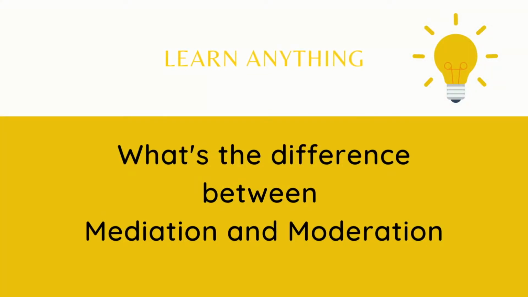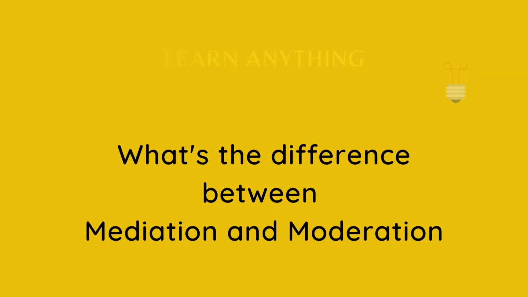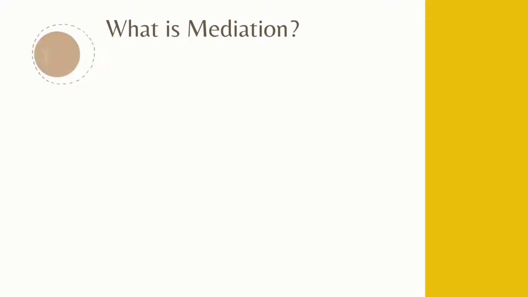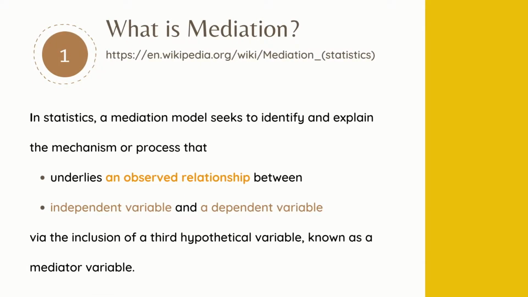In this video, we are going to look at the difference between mediation and moderation. A mediation model seeks to identify and explain the process that underlies an observed relationship between an independent variable and a dependent variable via the inclusion of a third hypothetical variable known as a mediator variable.